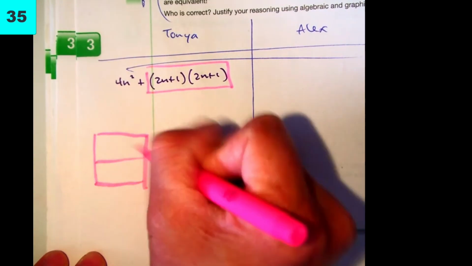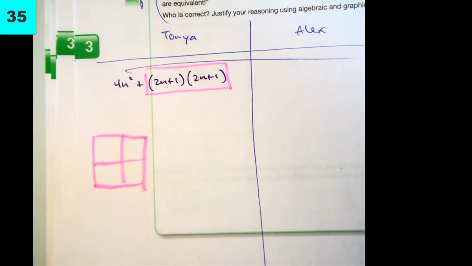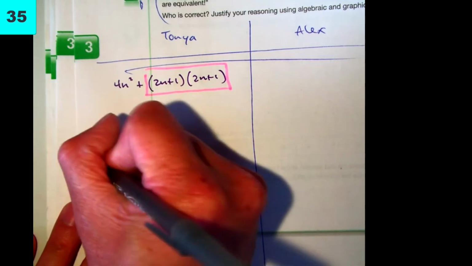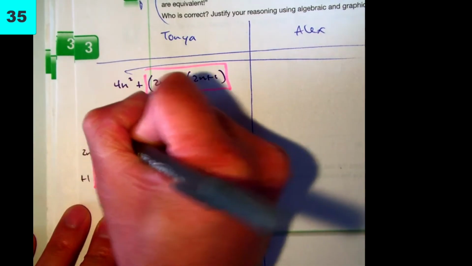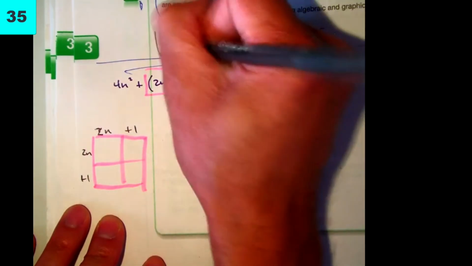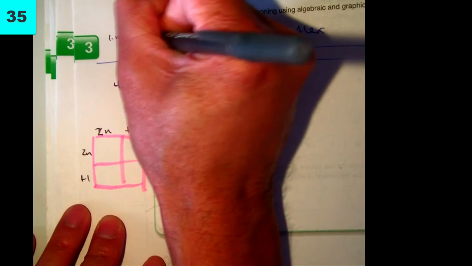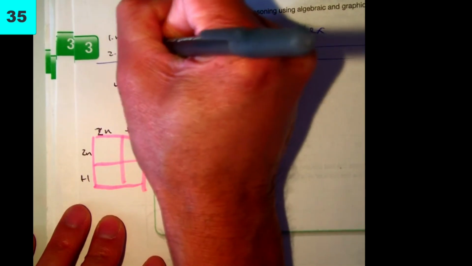Either of these methods work. If you learned it in another math class, keep doing what you understand. I'm going to write 2n plus 1 and 2n plus 1. So first, we're going to multiply, and then we're going to add.